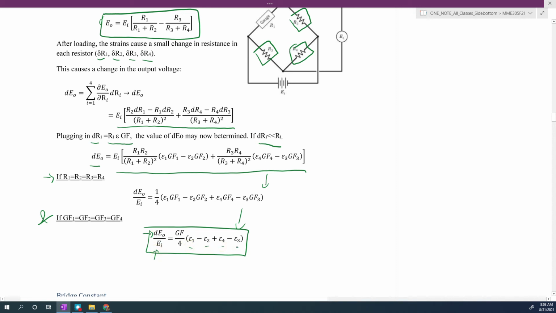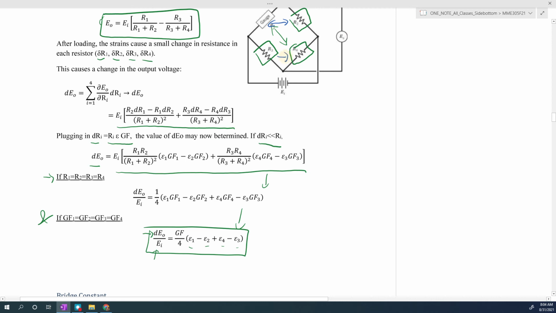Now, the one thing you should notice is the signs within this equation. If we have equal strain in strain gauge 1 and strain gauge 4, which are across from each other in the bridge, they get added together, while the strain gauges that are next to each other, like strain 1 and 2 and 3 and 4, are equal but opposite of each other.